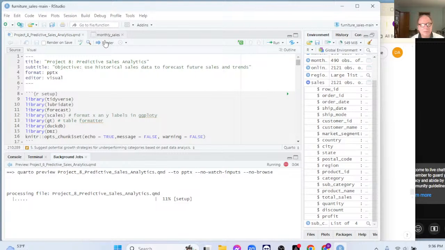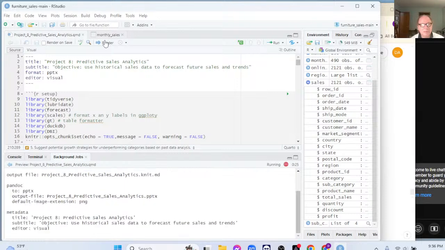I'll give this one shot, and if it doesn't work, I'll end the session and work on it offline. Okay. But once again, I'm really impressed with what ChatGPT can do with our programming.